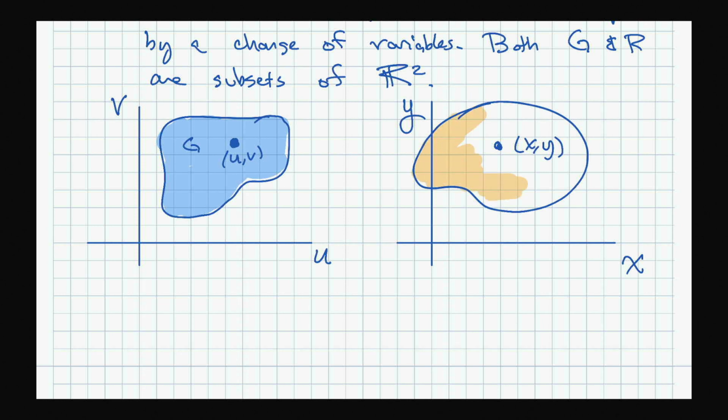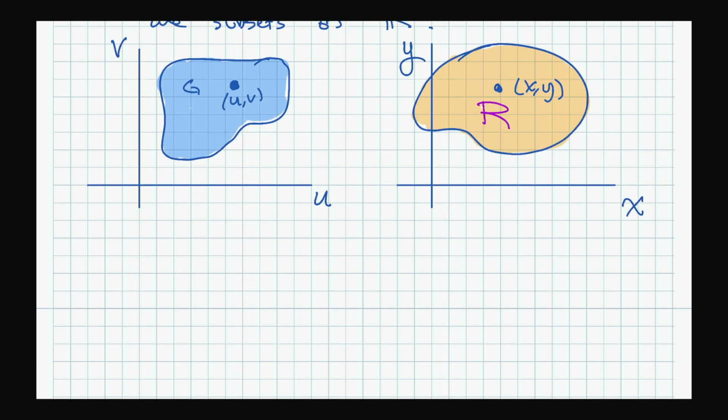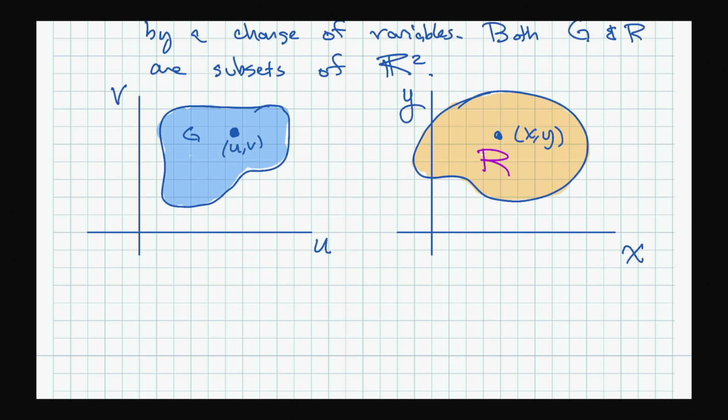And that's our other region, the one we're going to be calling R. And then the transformation is basically a function that takes a point over here to a point over here.